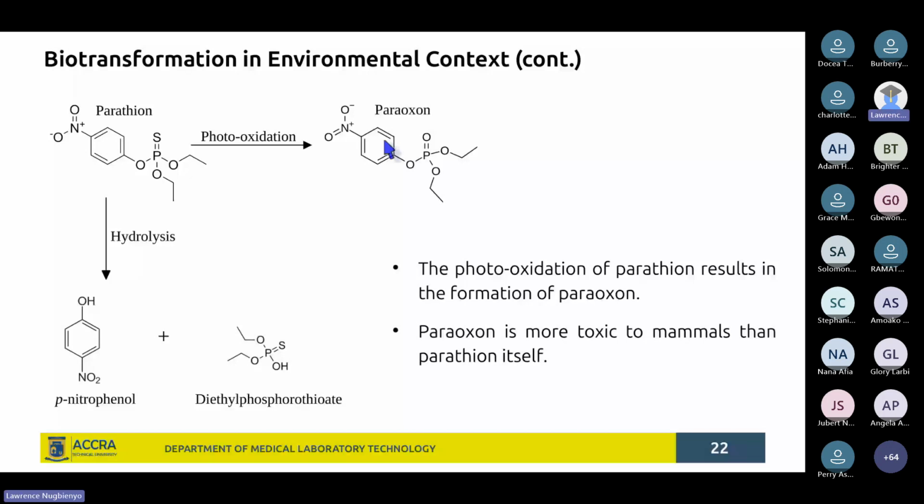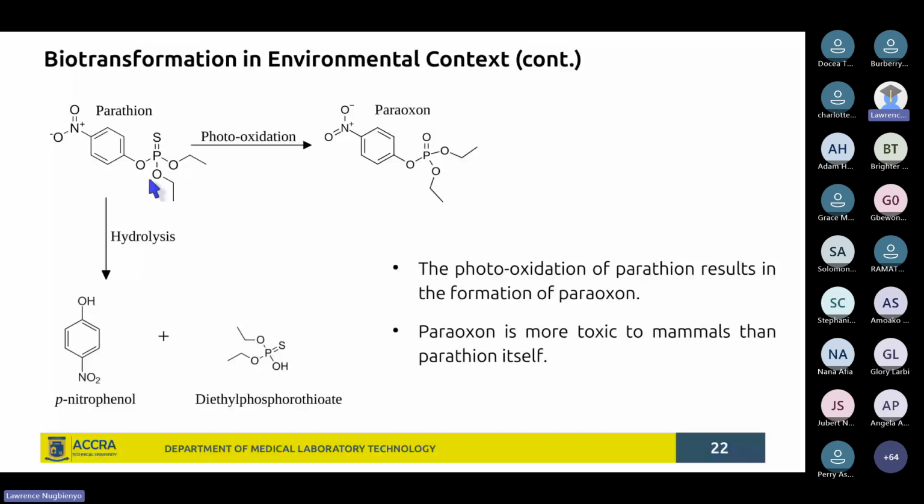The same thing can happen to a mammal, which means that it can cause the effect of paralysis. I mean, that is serious. And so this chemical has been banned. It's not being used any longer.